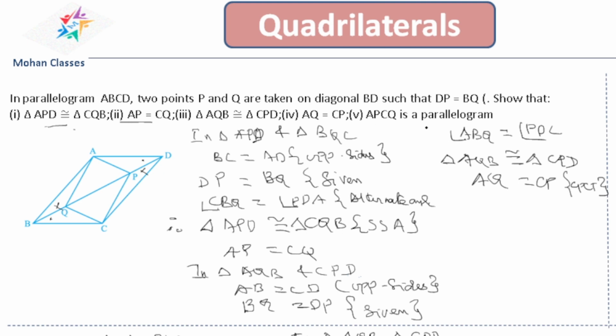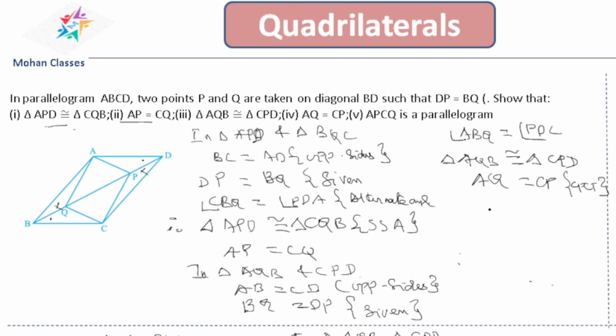The last one, APCQ is a parallelogram. Here now in this quadrilateral APCQ, we have to say it is a parallelogram. How are we going to say?